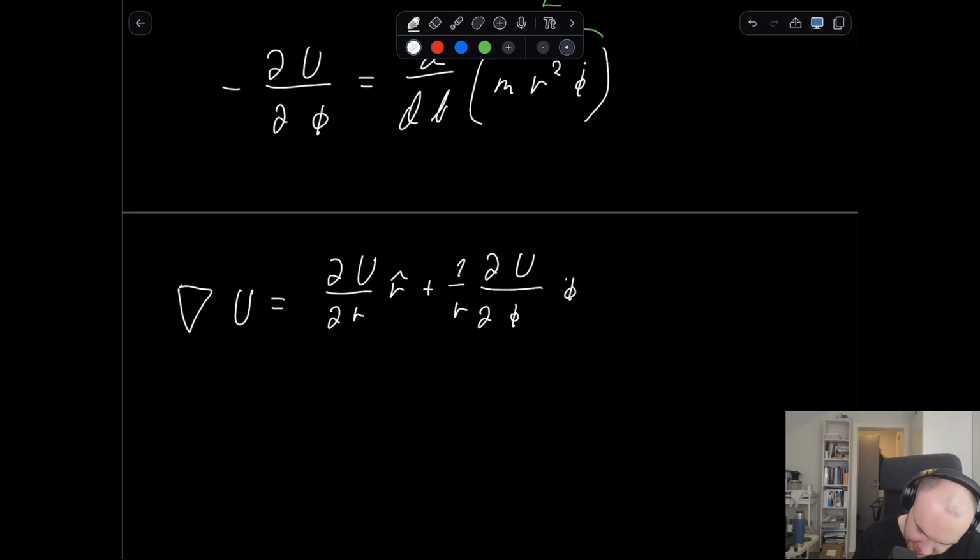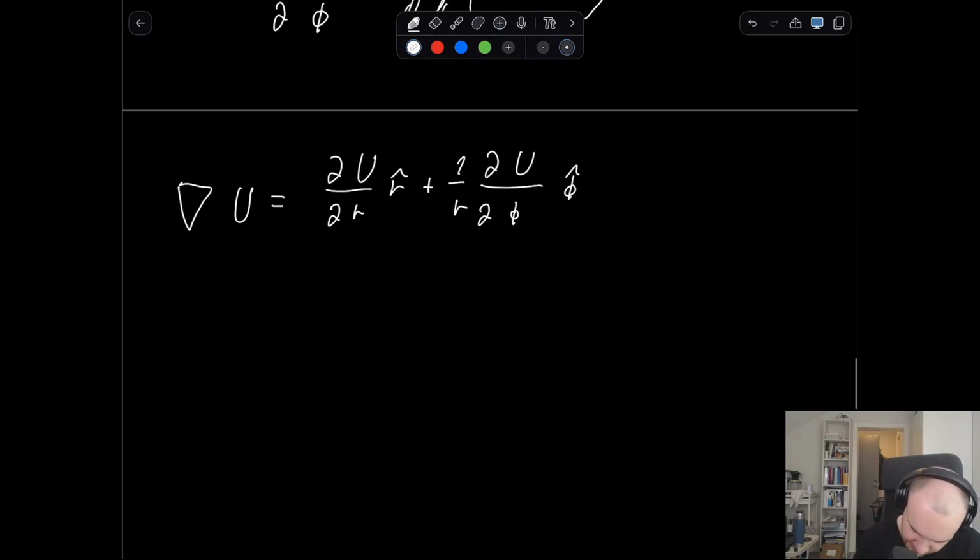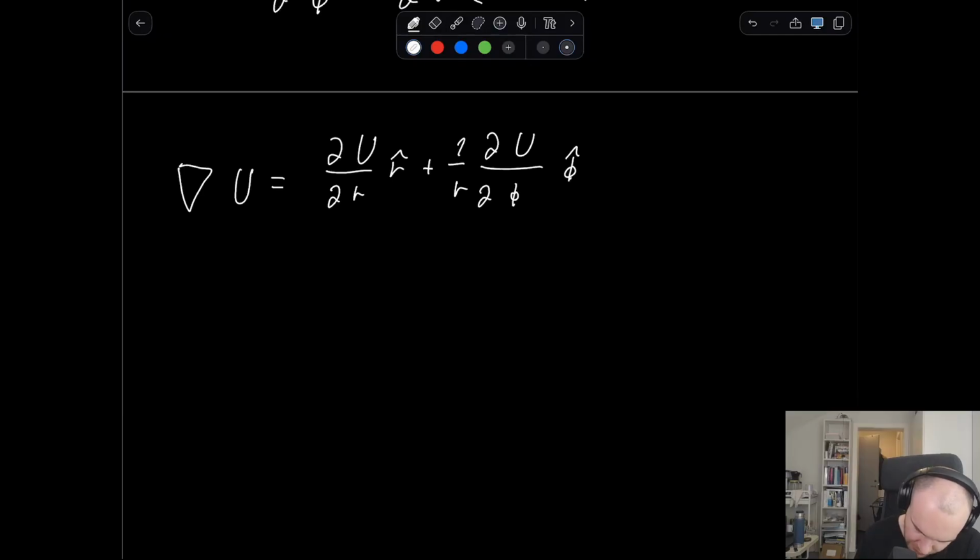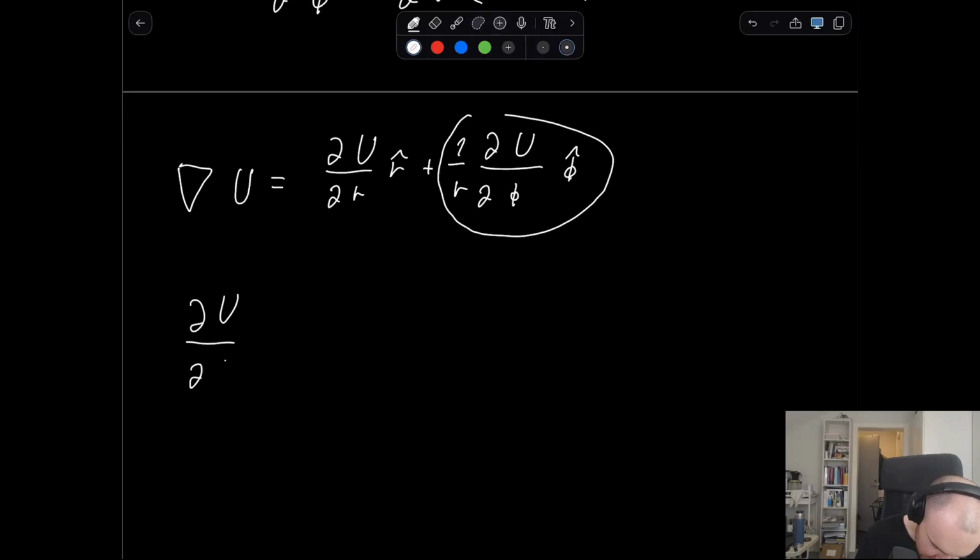This calculation is a bit tedious to derive, so we're not going to do that, but we can understand this pretty easily, because by definition this is the force. So the minus partial u of phi is the force in the phi direction, or it's not the force, my mistake.